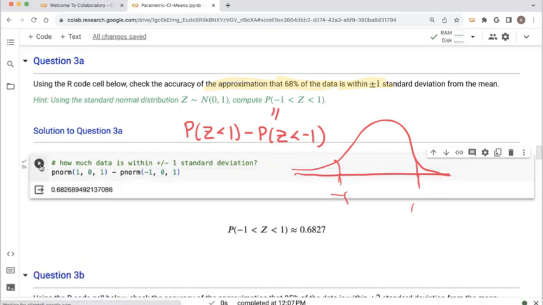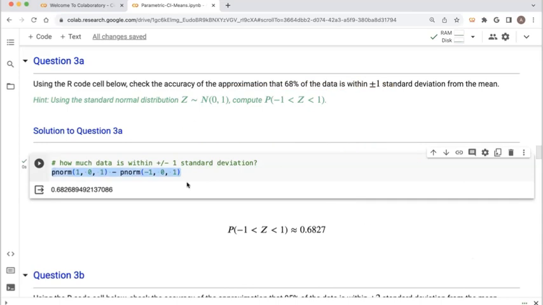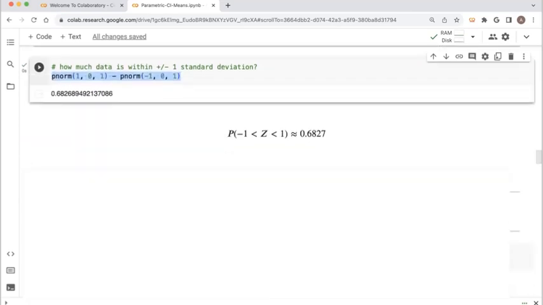And so running this line of code, we can see that the probability that z is between -1 and 1 is actually a little bit bigger than 68%. It's 68.27%.